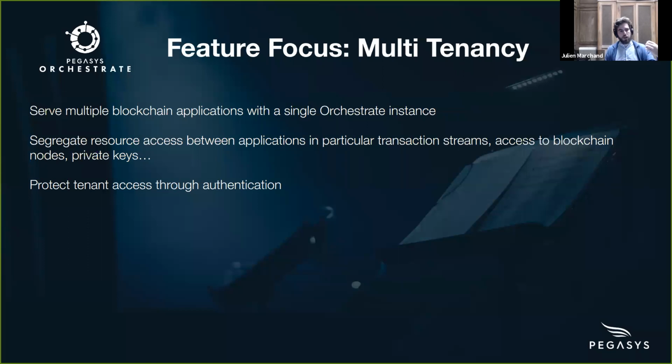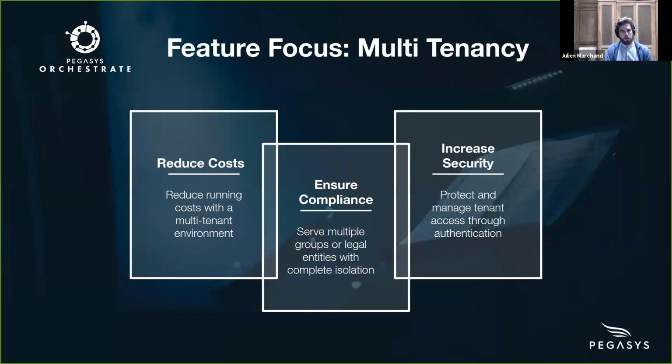So you will need to authenticate as tenant A by having a JWT, and then when you are trying to access your keys, we will check the JWT. When you are trying to access the network, we are going to check the JWT to verify that you're properly authenticated and allowed to access this data. It will help you to reduce the cost of your transaction manager, because you will have only one transaction orchestration tool that will handle many use cases or many companies.